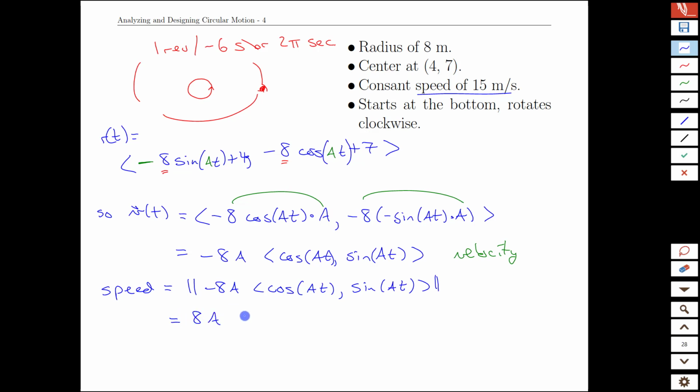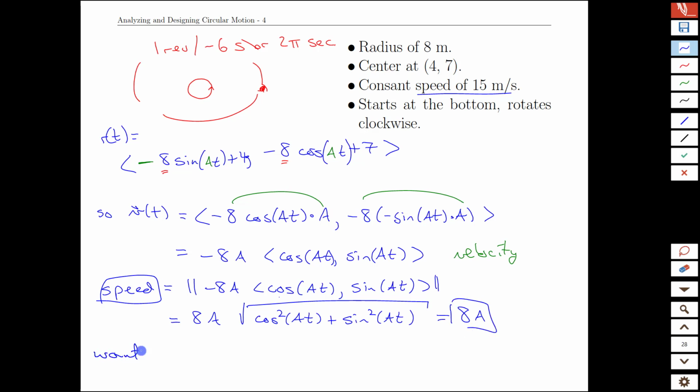So we get 8a times the magnitude of cosine, but that's the square root of cos squared of at plus sine squared of at, all square rooted. But lo and behold, there's our trig identity. Cos squared plus sine squared of the same angle, or same time value here, is always 1. And so we get our speed is equal to 8a. If we want speed to equal 15, we need 15 to equal 8a, or our a value equals 15 over 8.